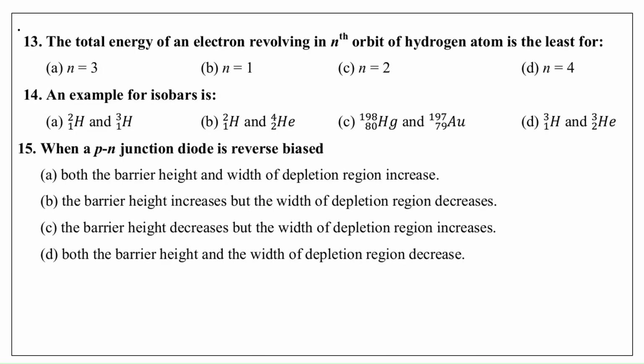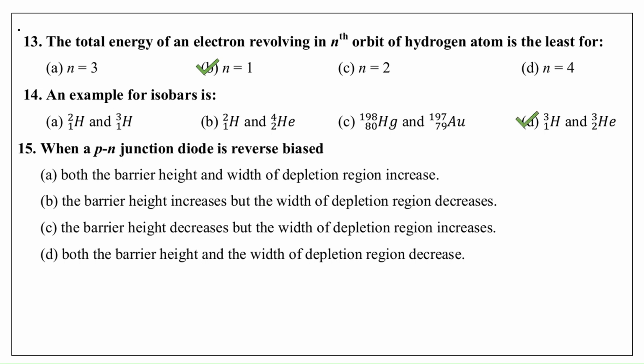Next. 13. The total energy of an electron revolving in nth orbit of hydrogen atom is the least for. Answer is option B. n is equal to 1. Next. 14. An example for isobars is.